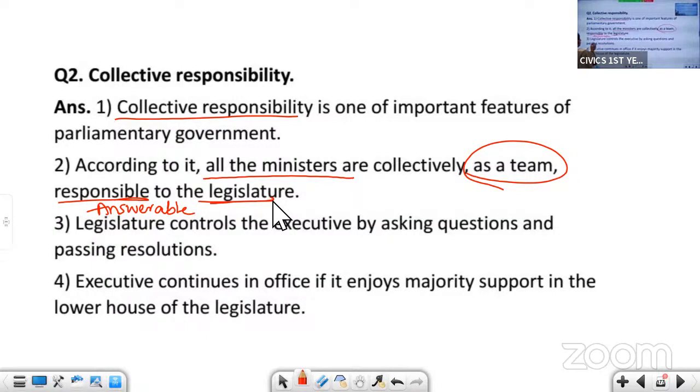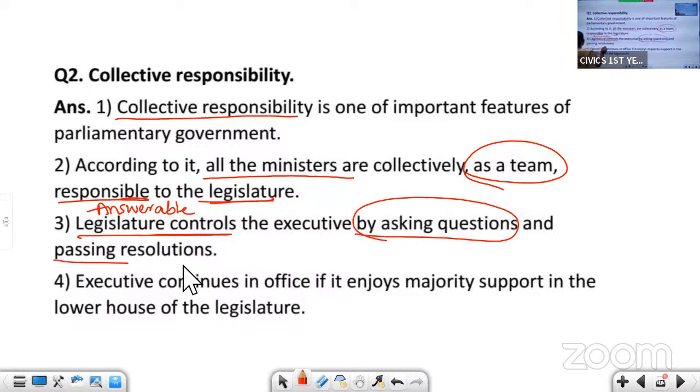So how are they answerable here? In parliamentary form of government, we have seen that the legislature controls the executive. How is it controlling the executive?